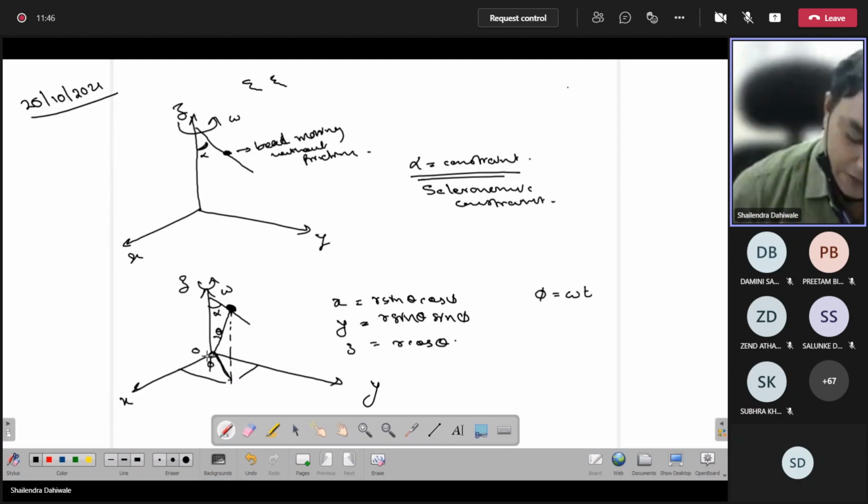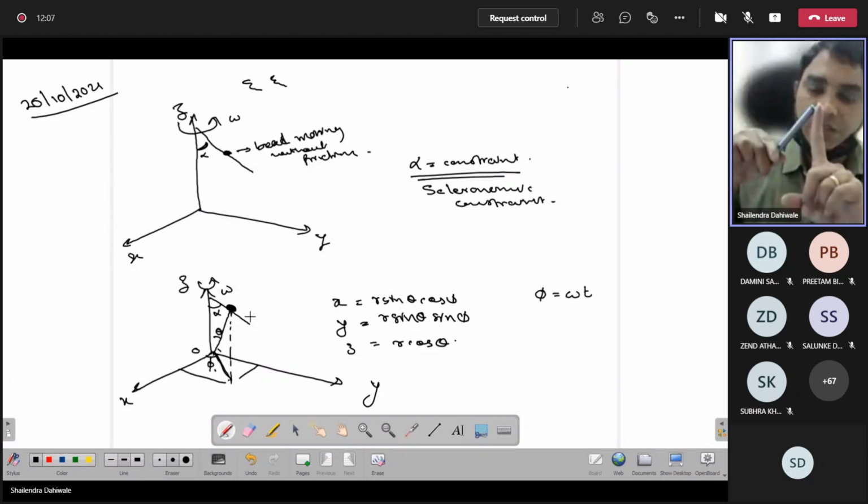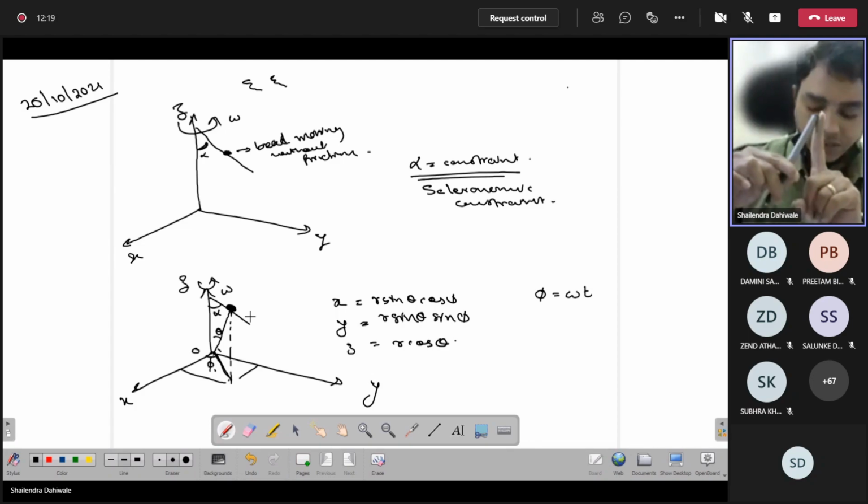At one time instant you get omega t, so at t1 it makes angle phi 1. At another time it will make another projection. After some time it moves and is here, so you get a different phi depending on omega. At another time instant it will go here and you will have a different projection.